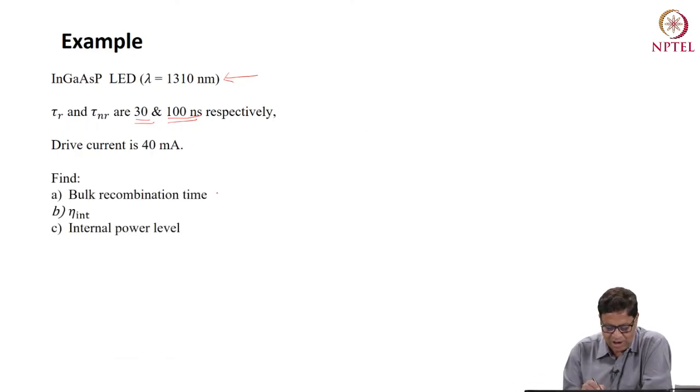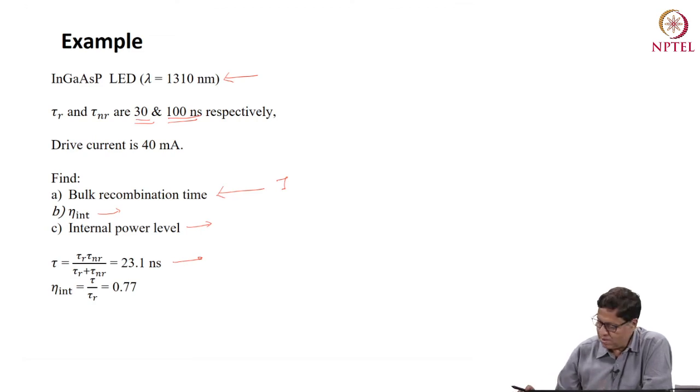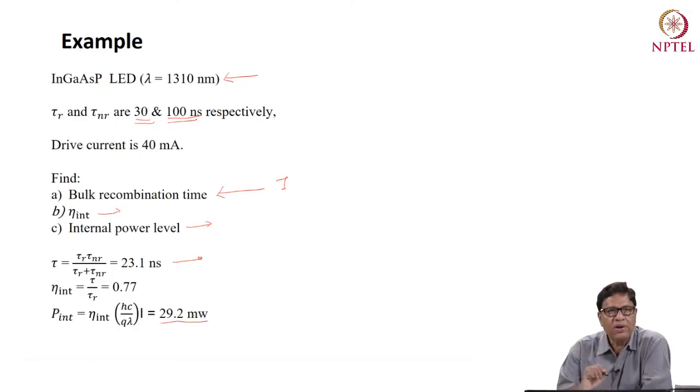We will calculate the bulk recombination time tau, the internal efficiency of the device, and how much power is generated inside the device. If you put all these values in the expressions discussed, you get tau as 23 nanoseconds, the efficiency as 0.77, and the power generated inside the device is of the order of 29.2 milliwatts. These are the typical values used in optical communication using optical fiber.